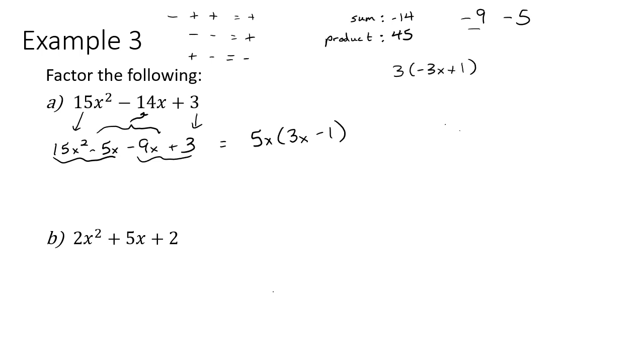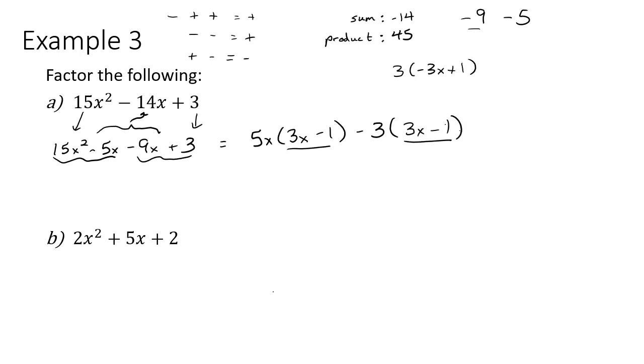That would leave you with a minus 3x plus 1, but I want that to match up with this 3x minus 1. So instead of factoring out a positive 3, I'm going to factor out a negative 3 to change the signs. That would give me a positive 3x and a minus 1.